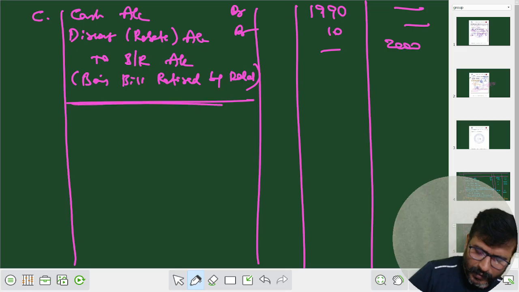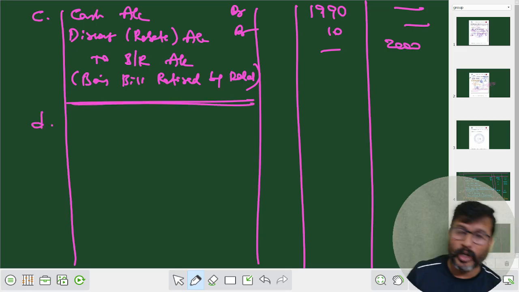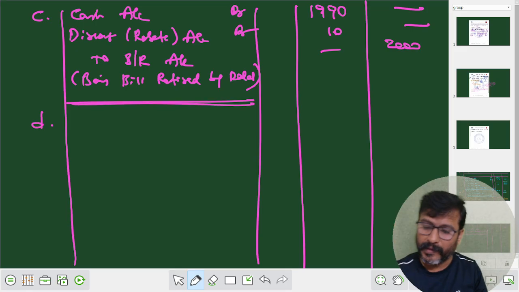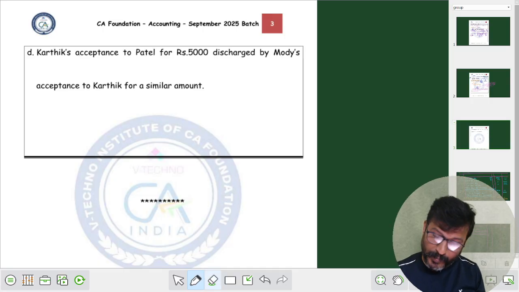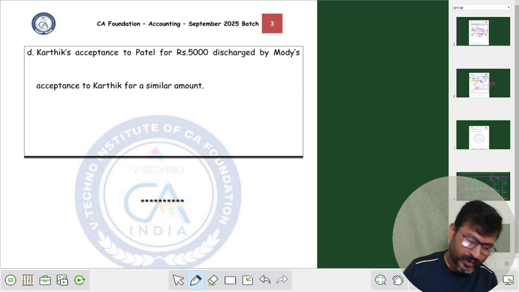Dalal. Who retired the bill? Dalal retired the bill. Fine. Shall we move on to the last point of the problem of this chapter also?